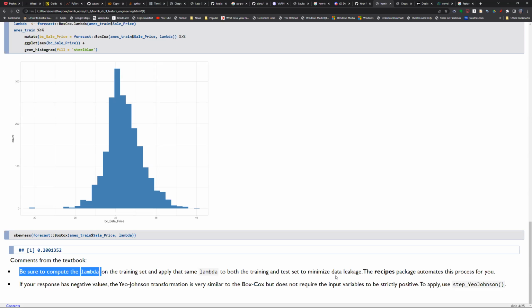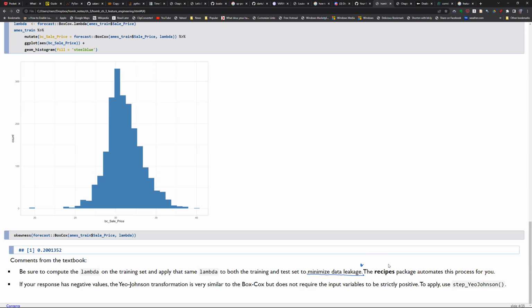So you need to transform it, to put it on equal footing. And I added that the recipes package automates this process for you. If you use tidymodels and the recipes, it's going to do it for you. If we don't use the recipes, for example, if you are using other methods, then you have to be very careful to apply it to both training and test sets.